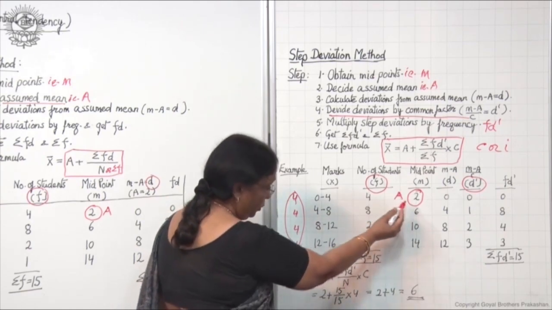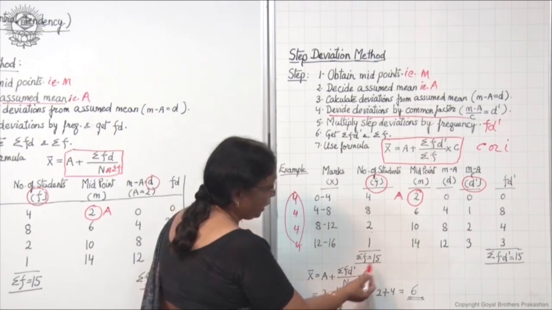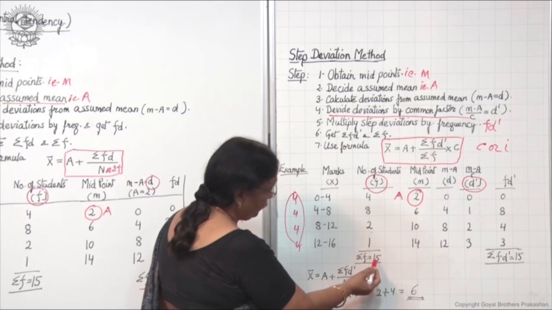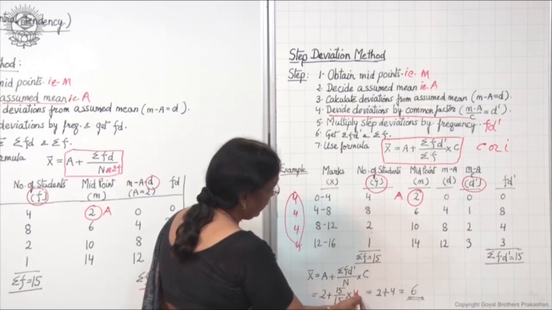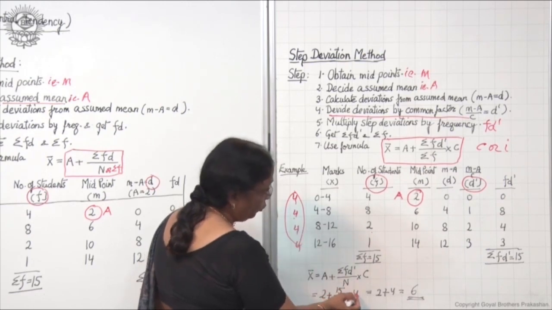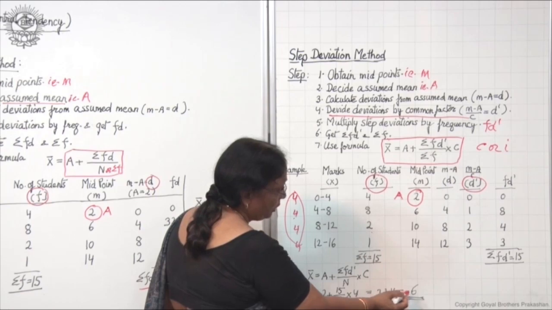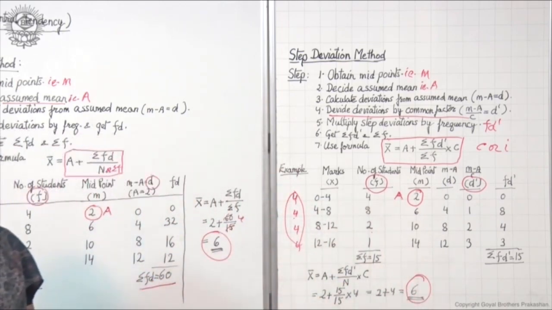A here is 2, so write down 2 in place of A, plus sigma FD dash is 15, sigma F is 15, into class interval is 4, write down 4 here and you do the calculation, it becomes 2 plus 4, that is equal to 6 and the same answer we have got.